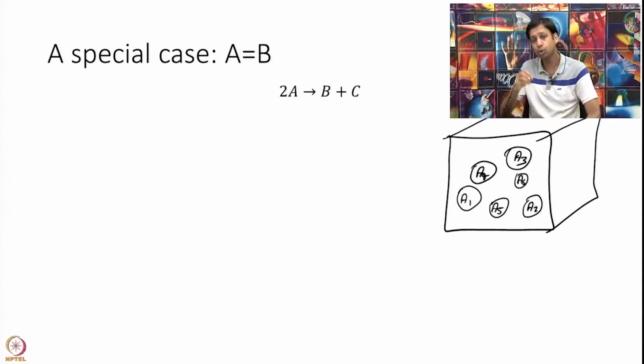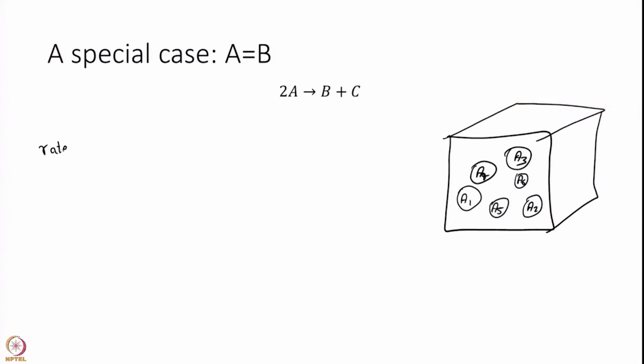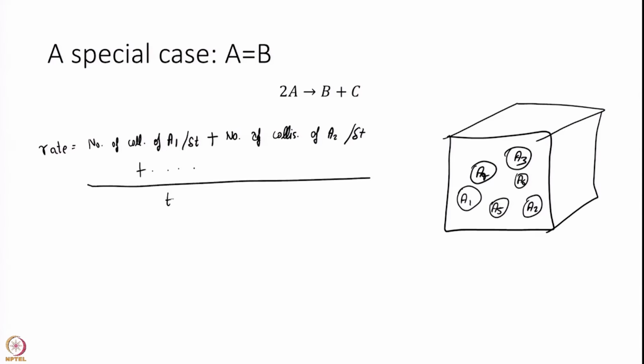And I am looking at the collisions between A and A. So, when I do this averaging, number of collisions of A1 in time dt plus number of collisions of A2 in time delta t plus so on divided by total number of A, what you note is that I am counting the collisions twice because A1 might have collided with A2.